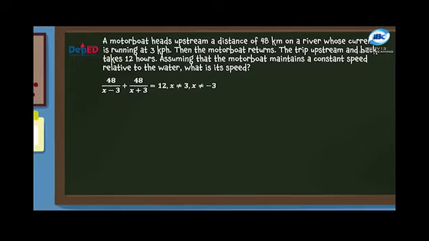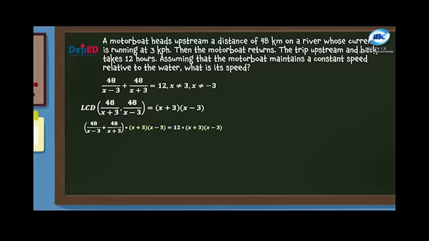We now identify the LCD, the first step in transforming a rational algebraic equation into a quadratic equation. The LCD of the expressions is the product of the denominators since they are both prime. Then, we multiply both sides of the equation by the LCD.